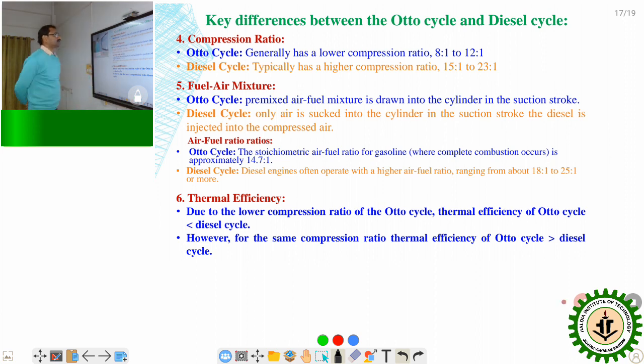The compression ratio varies from 8:1 to 12:1, while in the diesel cycle engine it varies from 15:1 to 23:1.